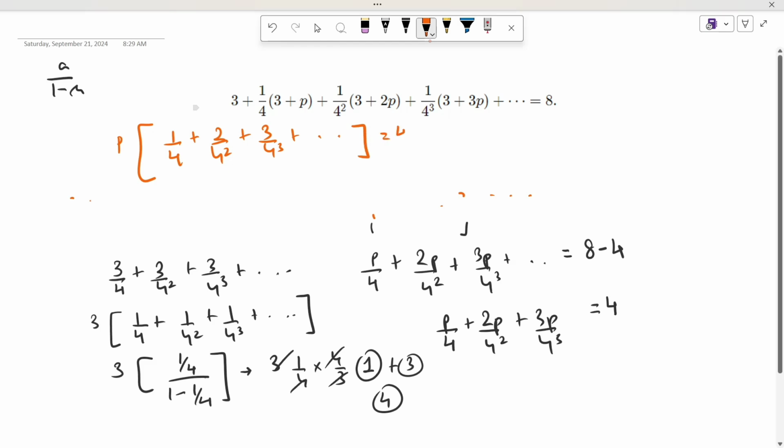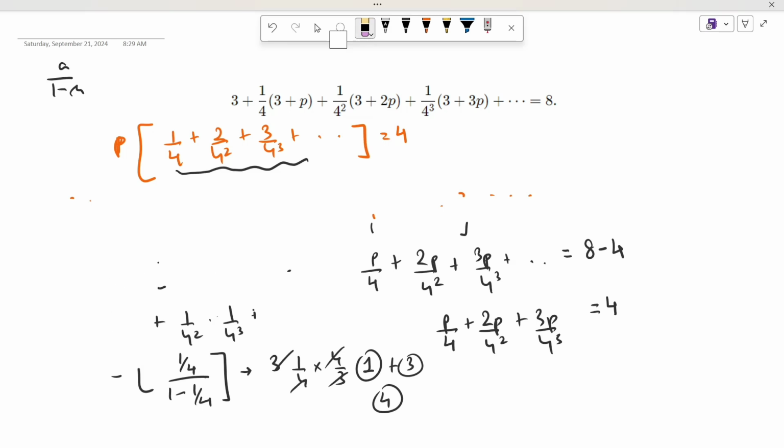And this is 4. We need to calculate the value of p. So you can see that this series is a combined series of AP, GP. AP is in the numerator and GP is in the denominator. So we'll calculate the sum for that. Just let me erase this and create some space.